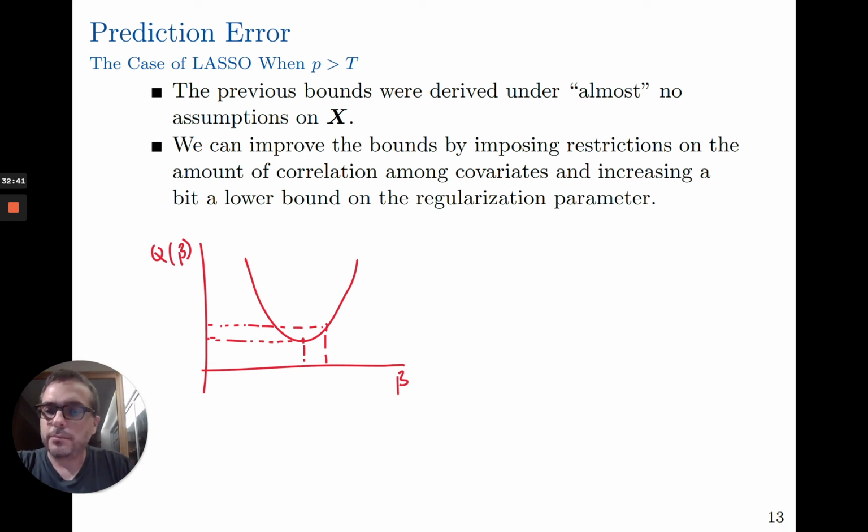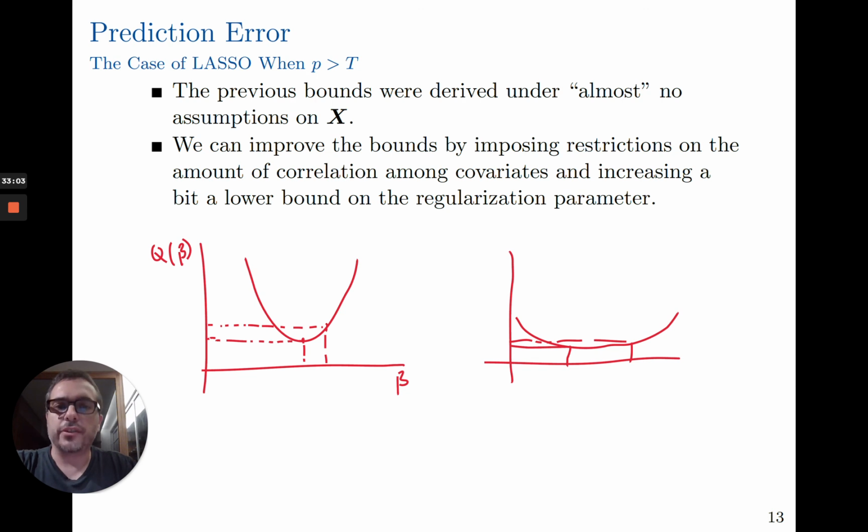Because this function has a lot of curvature. But take another situation, same thing, but you have a function like this. Differences in two betas may introduce almost no differences in your function Q. So you have an almost flat situation.